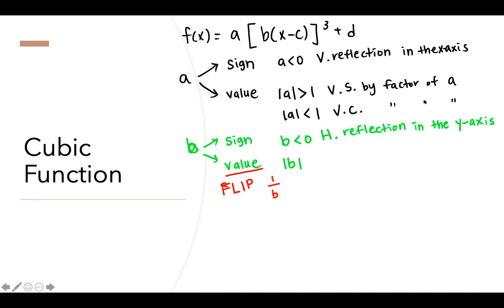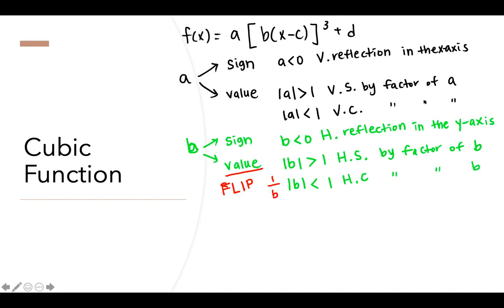Therefore, if the absolute value of b is greater than 1, then it's a horizontal stretch by a factor of b. But if the absolute value of b is less than 1, meaning it's in between 0 and 1, it's a horizontal compression by a factor of b as well.